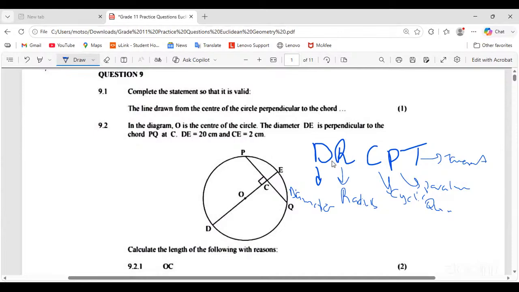So you guys know what a diameter is, what the radius is, what a cyclic quad is, what the parallel lines are, what a tangent is to the circle.